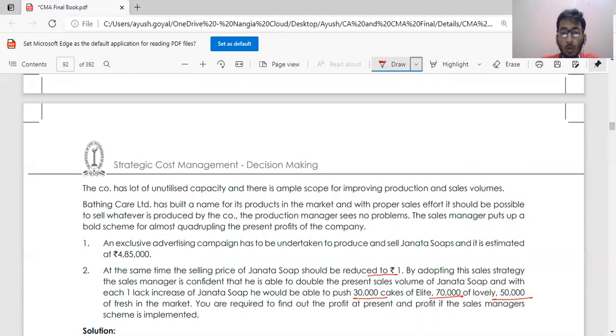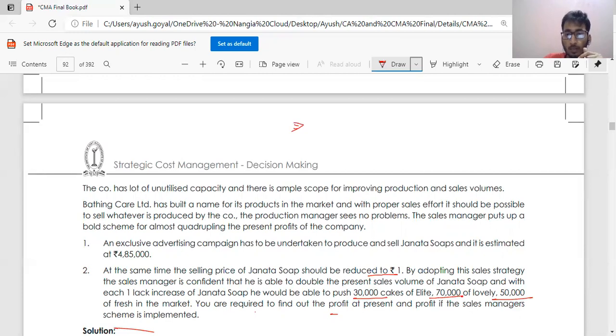You are required to find the present profit and profit as per sale manager scheme. So I really don't think we should do it here, but let's solve it once over here only, not in the book.